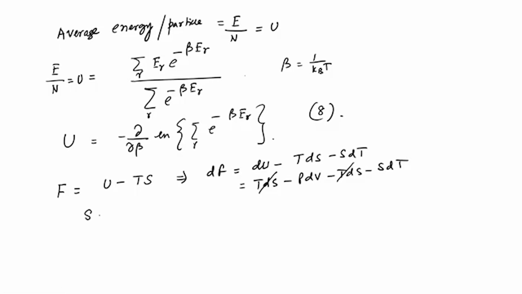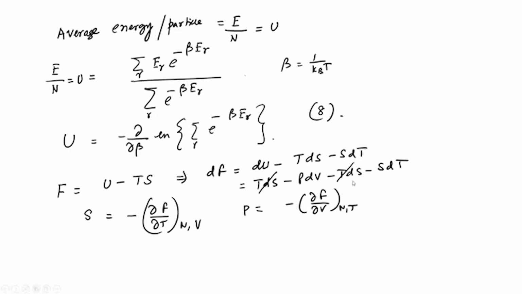So, that gives you S equal to minus del F del T at constant N and V. Of course, it gives you other definitions as well, such as pressure. Pressure here is equal to minus del F del V at constant N and T. All right.